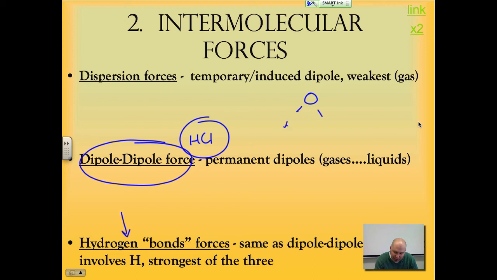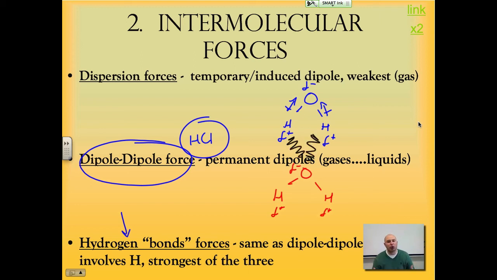Water is another example. I was thinking of using water as my example for the hydrogen one and didn't think much about it when I used my dipole-dipole. But because you have these unequal charges, partial negative, partial positive, then when another water molecule, partial positive, partial negative, you get these attractive forces here.